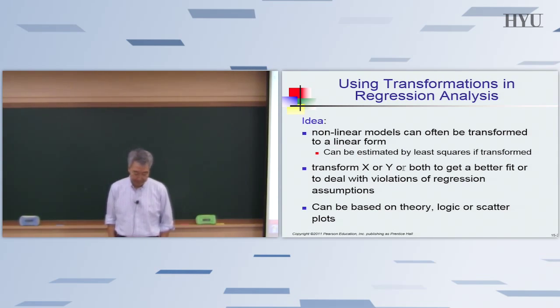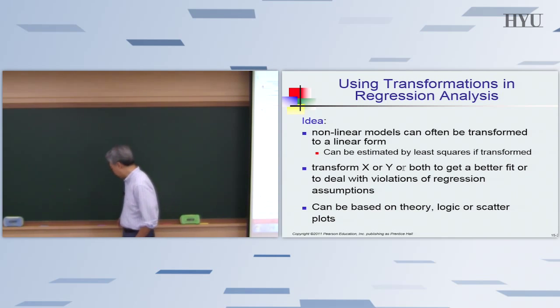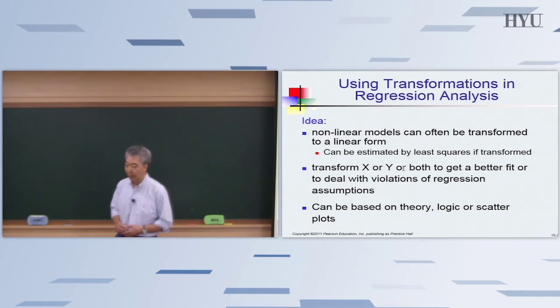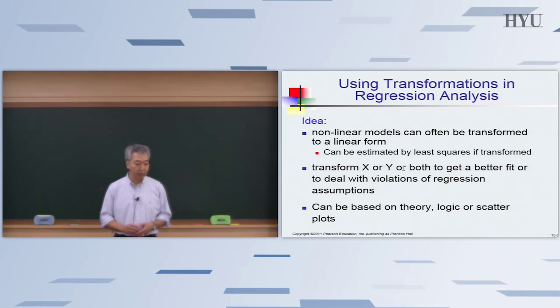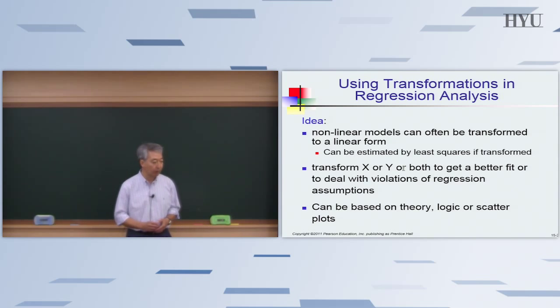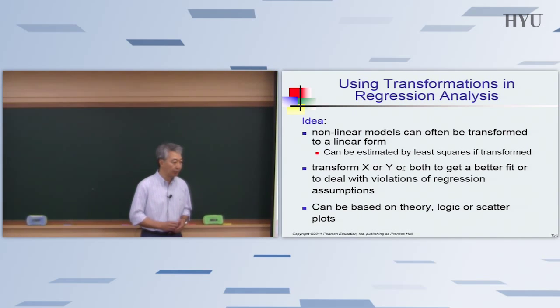The first topic is transformation of variables. One thing that transformation does is allow us to handle nonlinear relationships. If you remember, the first assumption of regression analysis was a linear relationship.